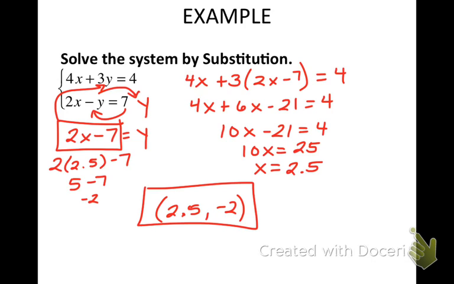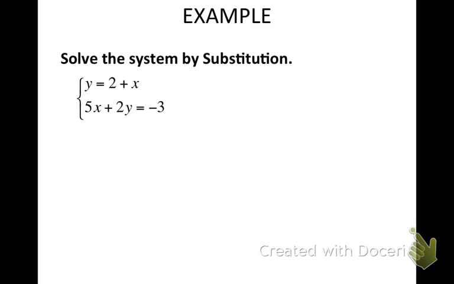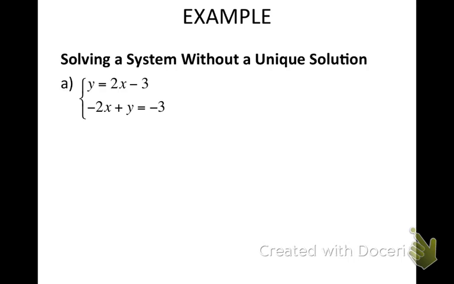All right, so what would it look like if we had a dependent or an inconsistent system and we had to solve it using substitution? We know what it would look like if we graphed it. What would it look like if we had a different solution other than one solution?